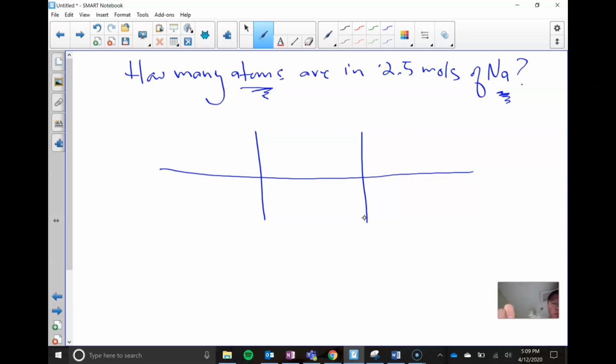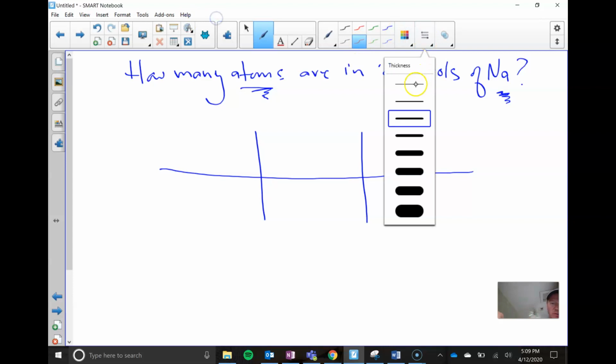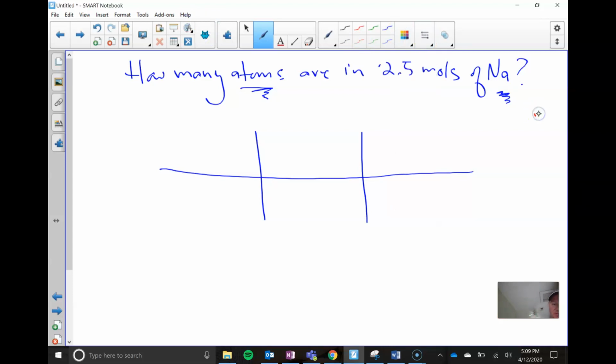So if you remember the way that we use the crossbar, we build this little shape that looks like a half tic-tac-toe board or a goal post or something. And in this upper left quadrant, we put the information that we have or that is given to us. In this case, we're given 2.5 moles of sodium.